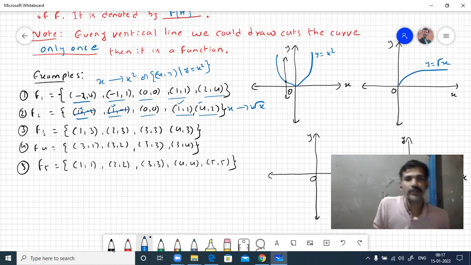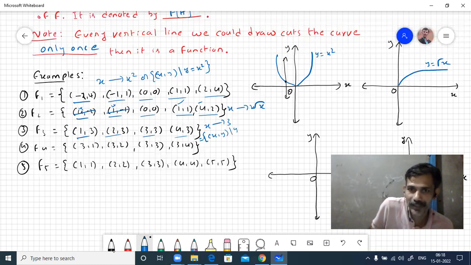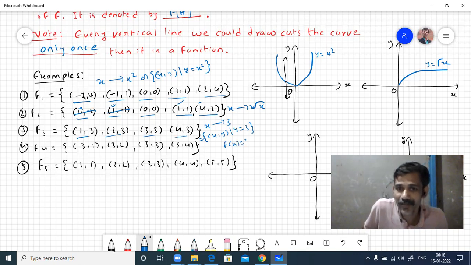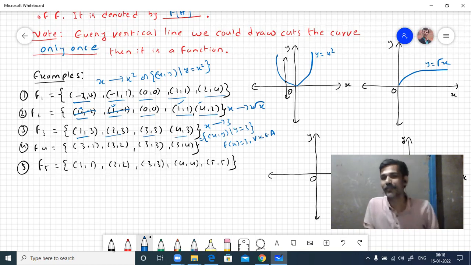Next, another example: (1, 3), (2, 3), (3, 3), (4, 3). Here x maps to 3. You can write this function as all ordered pairs such that y equal to 3, or f of x equal to 3. It is a constant function: for all x belongs to the domain, f of x equal to 3.